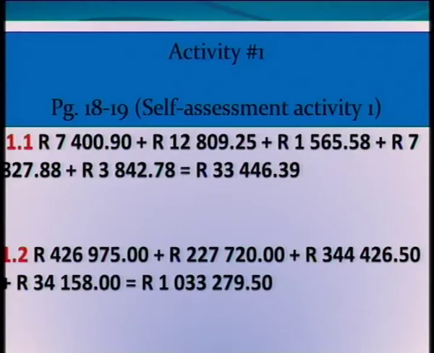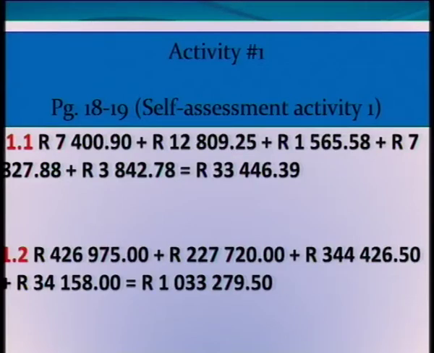You add your trade inventory, which is 7,827.88. And finally, you will add your cash float of 3,842.78. Altogether, your current assets for the period as at 31st January 28 will be 33,446.39. It's very important that you know the definitions of your current assets and your non-current assets.